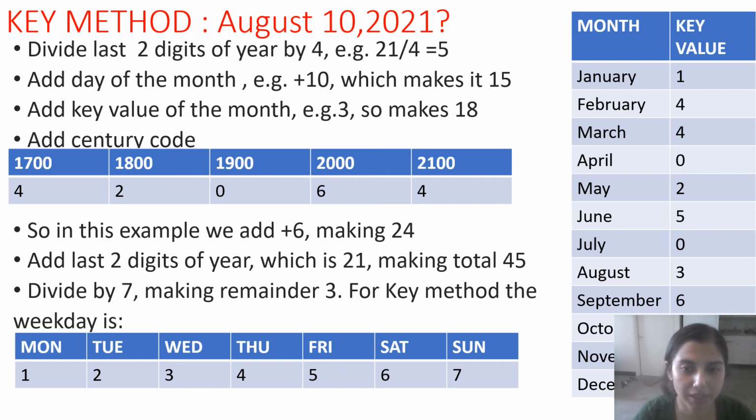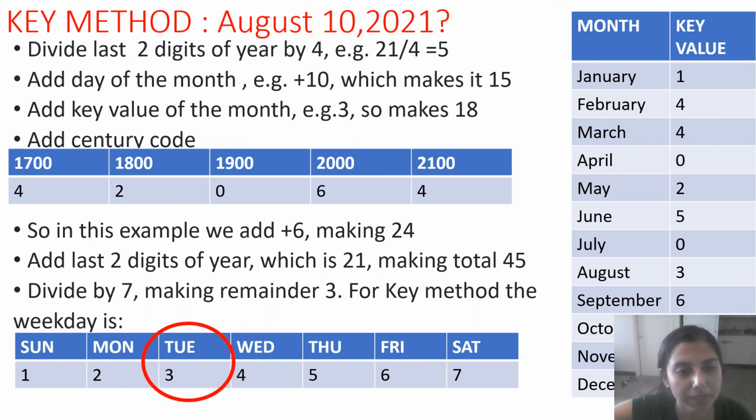However, for the key method, Sunday corresponds to the number 7 and Monday corresponds to the number 1. So Monday will be 1, Tuesday will be 2, Wednesday will be 3, Thursday will be 4, and so forth till Sunday, which is 7. So in this case, for our remainder of 3, the weekday would be a Tuesday.